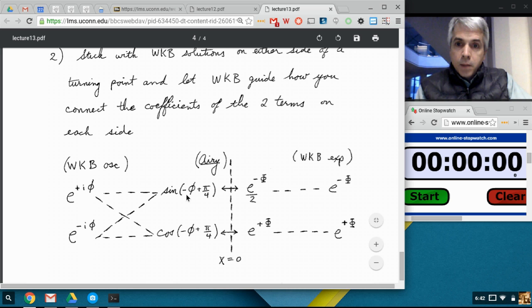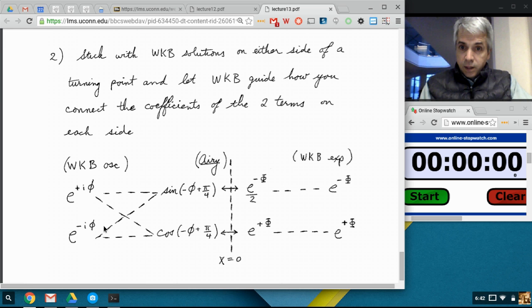And there's the plus pi over 4 of the Airy function limiting asymptotic form. What is the sine of minus phi? Well, it's a particular superposition of e to the plus i phi and e to the minus i phi. And which one it is, of course, you all know how to do.